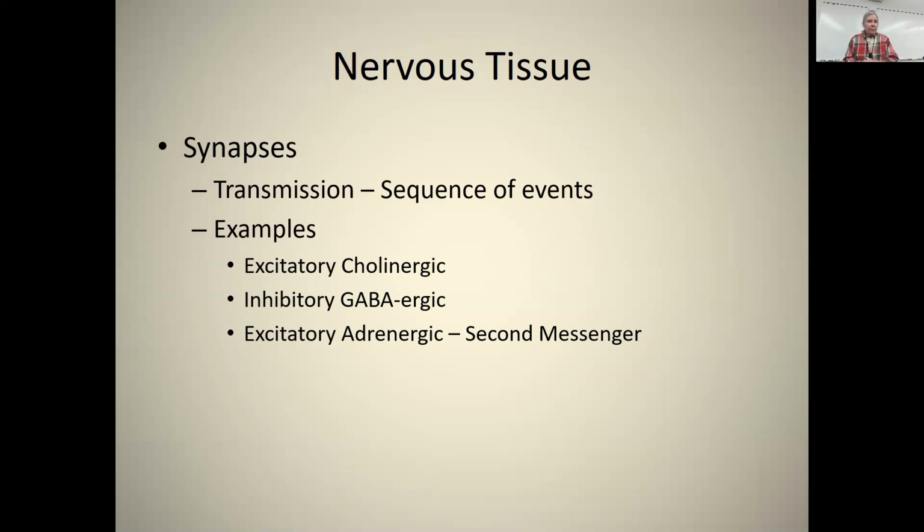So norepinephrine, it's a neurotransmitter, but it's very similar to epinephrine, which is actually a hormone, remember, from the adrenal medulla. Remember, the adrenal medulla is really nerve tissue. It's modified neurons. And we talked about that in the early part of this chapter.